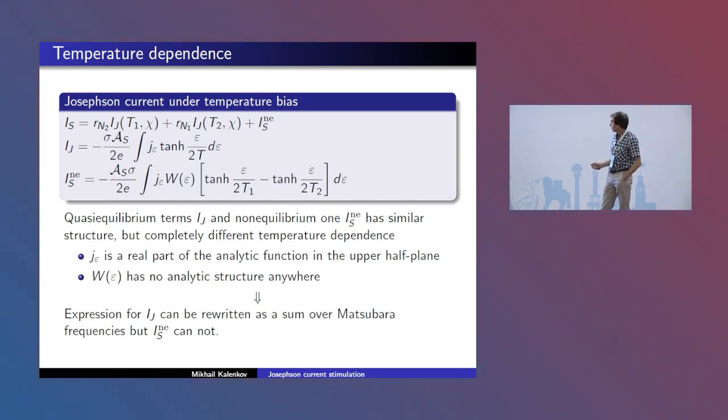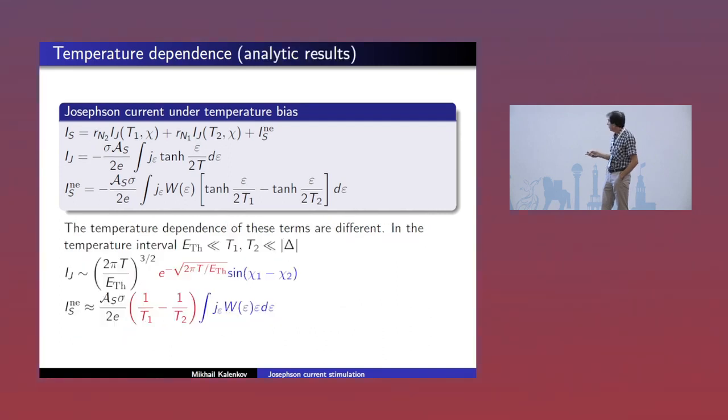The point is that the spectral current G is actually a real part of the analytic function in the upper half plane. But on the other hand, the function W has no particular analytical structure anywhere. And that is the essential point.